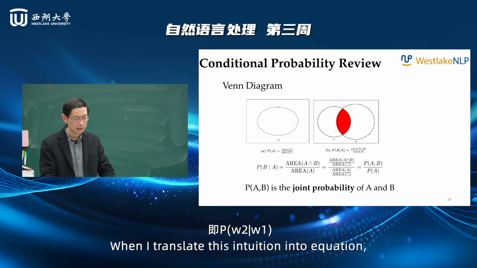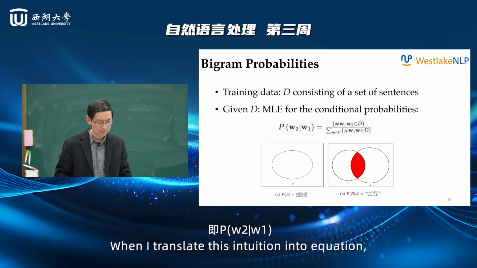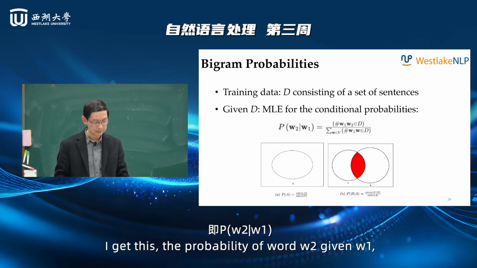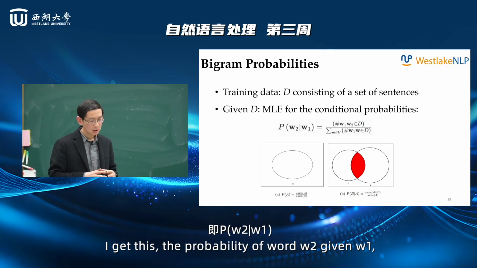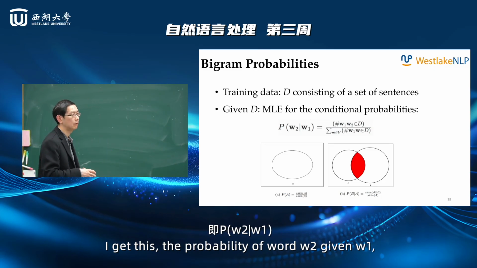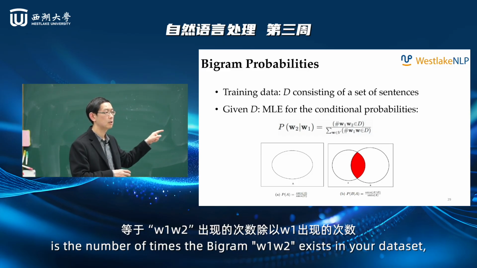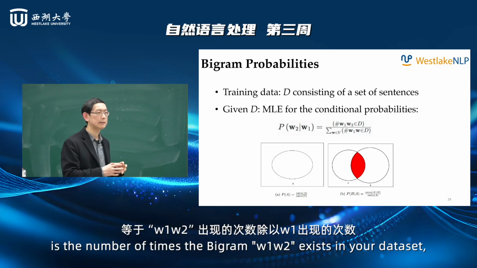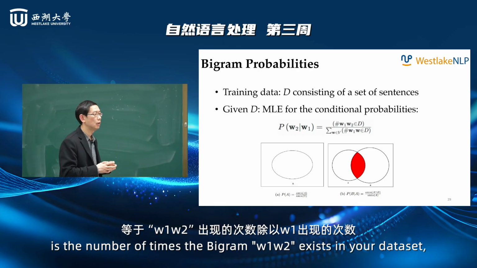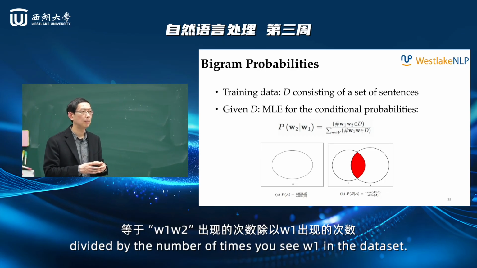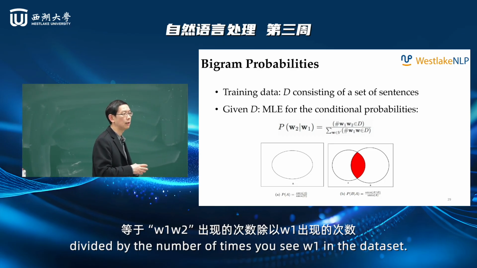When I translate this intuition into an equation, I get this. The probability of a word W2 given W1 is the number of times the bigram W1, W2 exists in your data set divided by the number of times you see W1 in the data set.